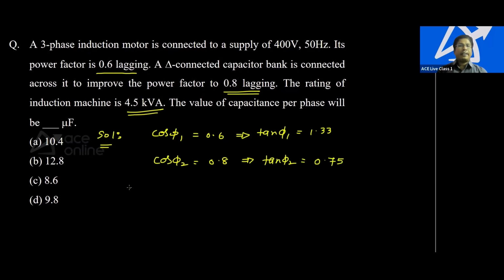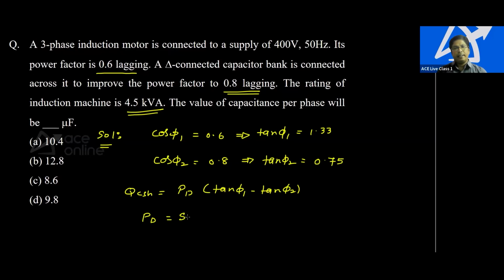Now, the reactive power supplied by the capacitor, QCSH, is nothing but the active power demand of the load into tan phi 1 minus tan phi 2. The active power demand of the load is the apparent power S into the load power factor 0.6.